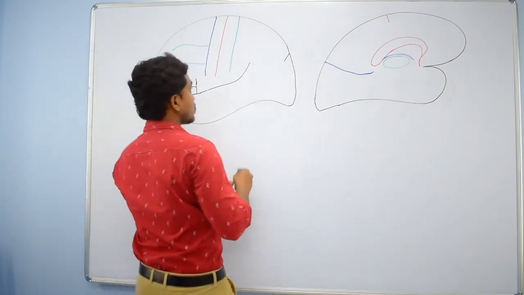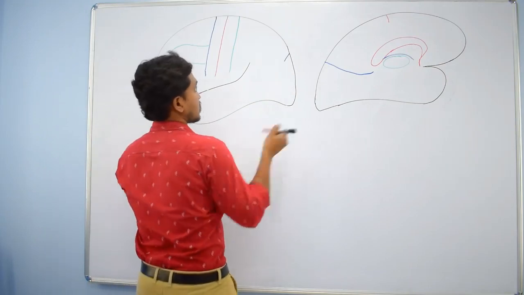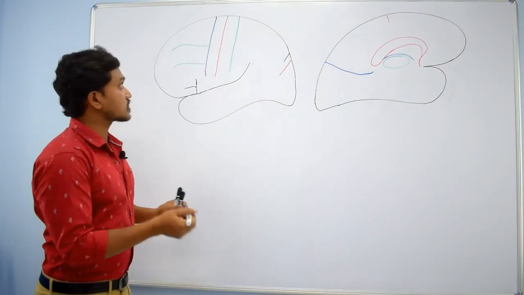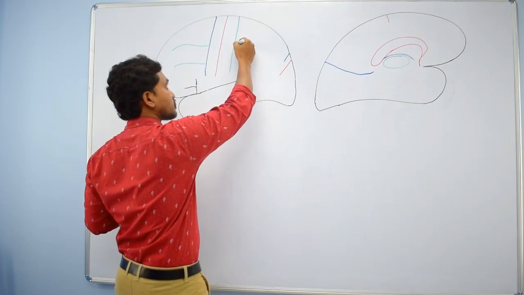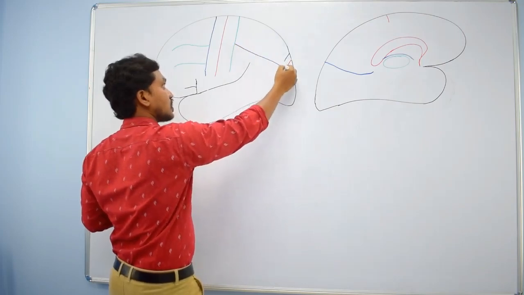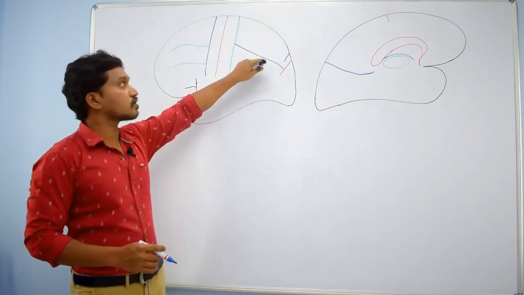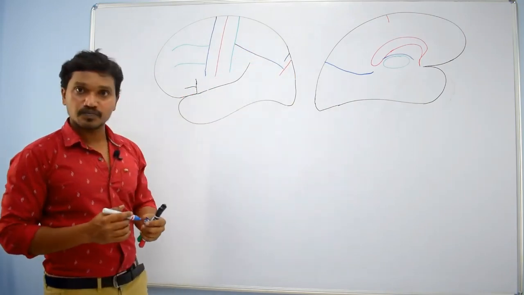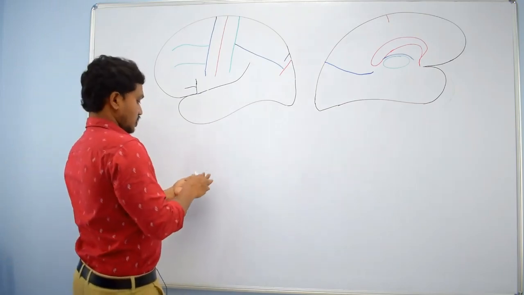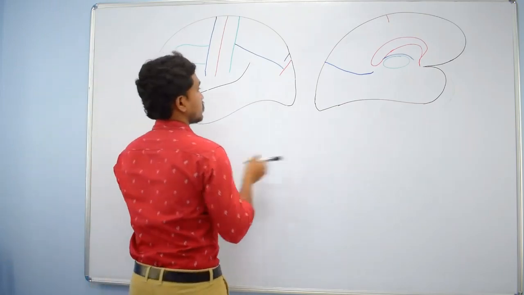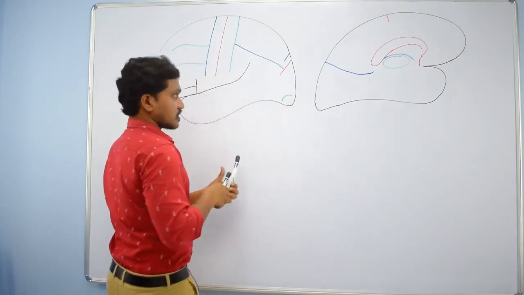Right? Then here one sulcus is there, extending from the middle of the postcentral sulcus. This is the intraparietal sulcus, so the parietal lobe is divided into superior and inferior lobule. Then here we can observe the lunate sulcus, calcarine sulcus.